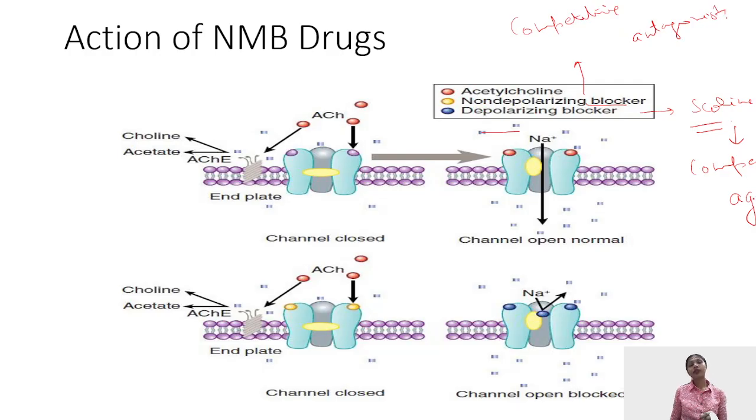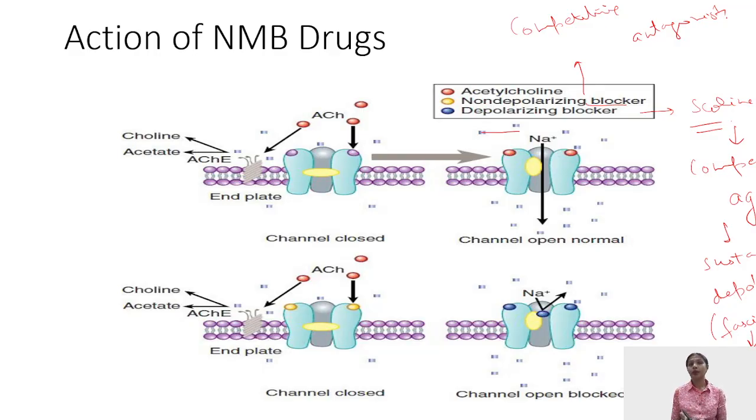These competitive agonists will go and bind to the receptors and lead to muscle contraction, which will be a sustained depolarization. They will cause a sustained depolarization which can be seen in the form of fasciculations, and eventually after the fasciculation we will have the paralysis state because of the use of these muscle fibers.